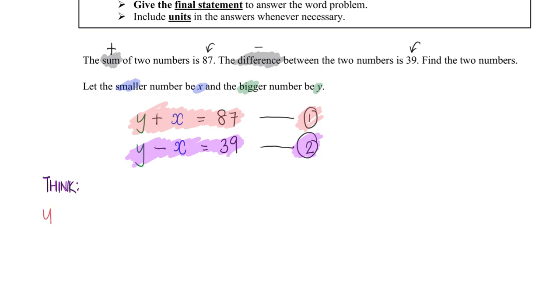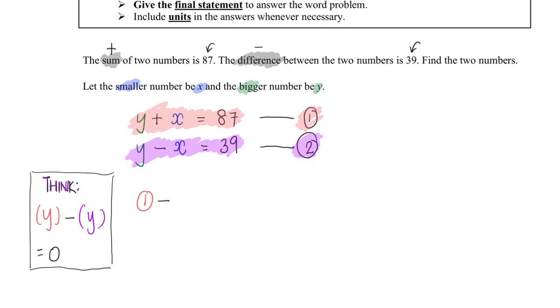So using the y and the y in the second equation, what must I do such that they will be equal to 0? Yes, I'm going to minus them. Okay, so that's the first thing that comes into Mr. Tan's mind. And therefore, here you can see Mr. Tan having equation 1 minusing equation 2.